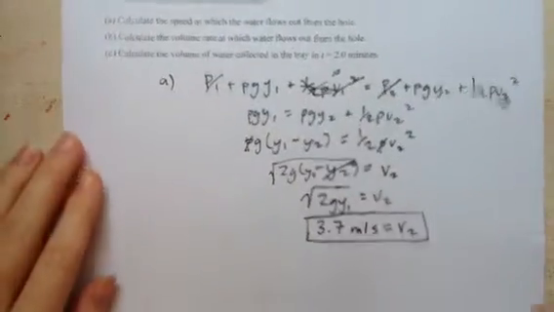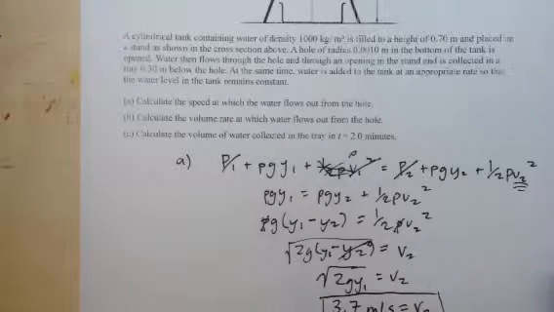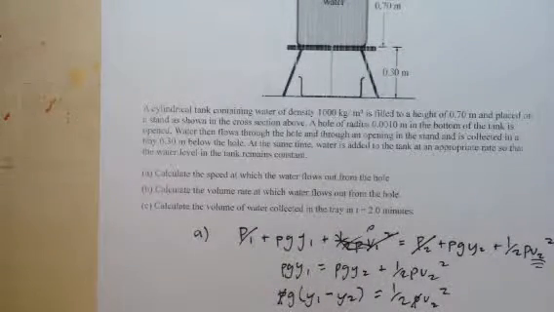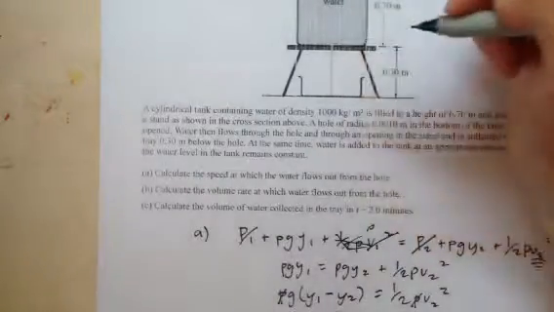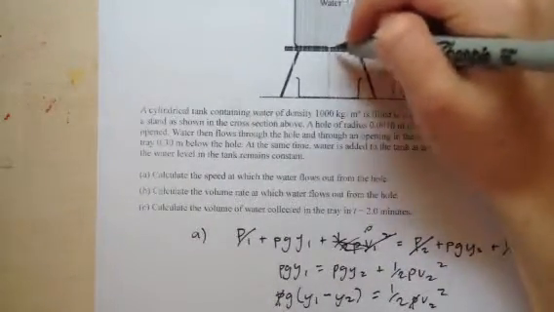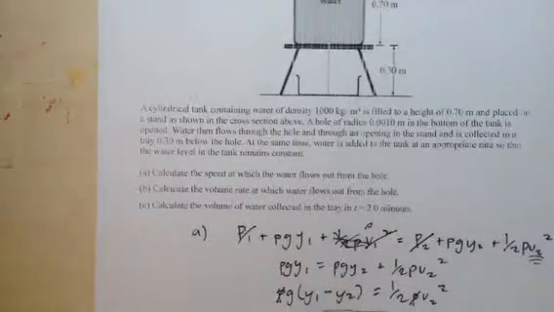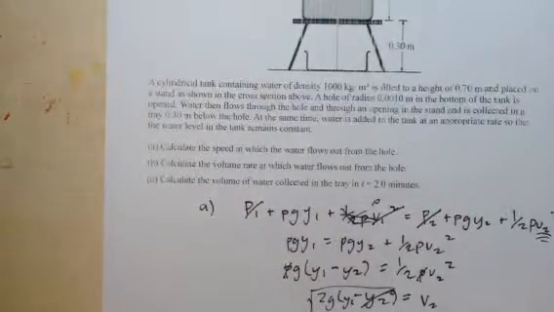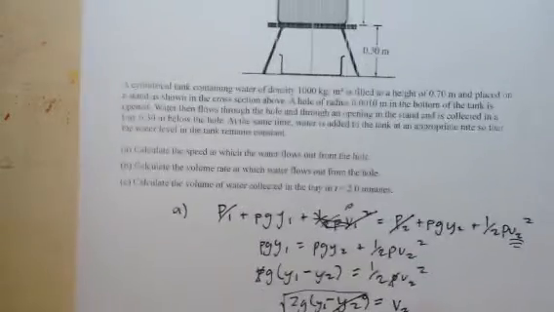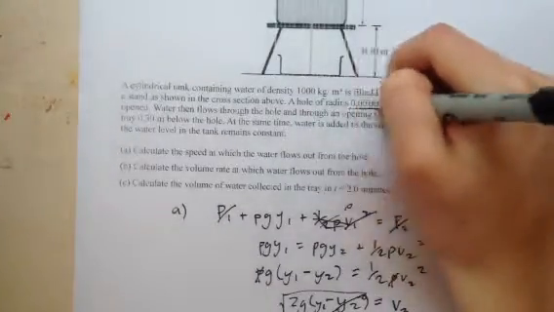And then for part B, it says calculate the volume rate at which water flows out from the hole. And to do that, we have to take the velocity that we just found and apply it to the area of the hole, which means that we would just take the velocity and multiply it by the area of that hole. But it doesn't give us the area, but it does give us the radius.